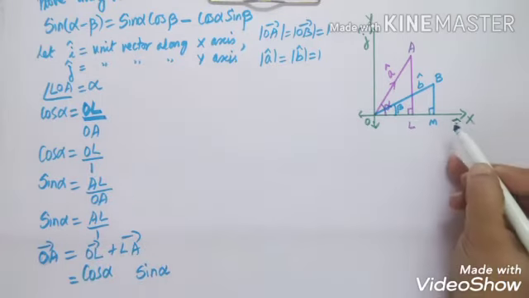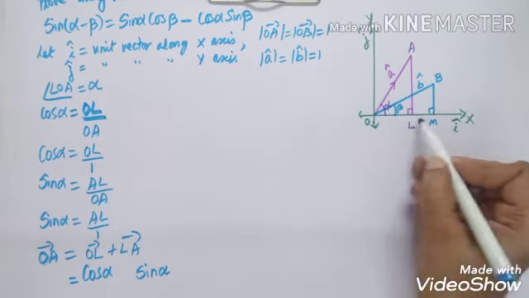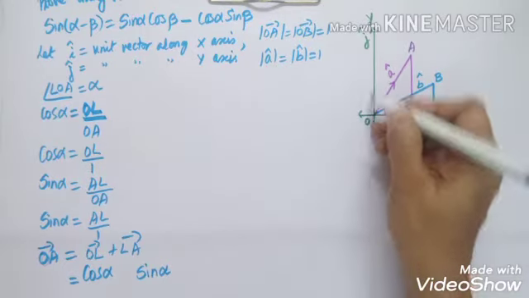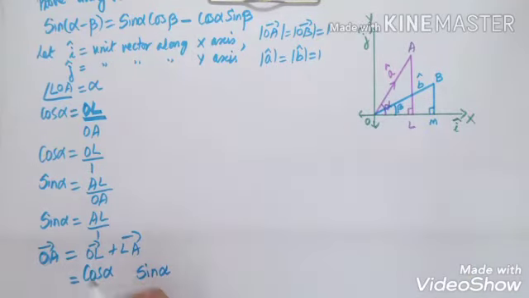I must write the direction. OL with i direction, LA with j direction. So OL vector is cos alpha i plus LA vector is sin alpha j. A very important thing to remember in this question. So OA vector is cos alpha i plus sin alpha j.